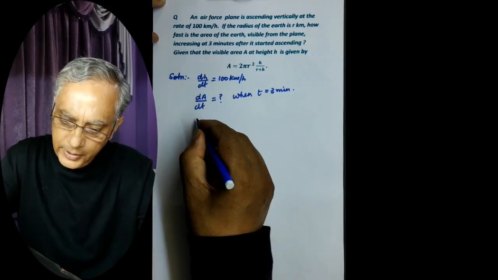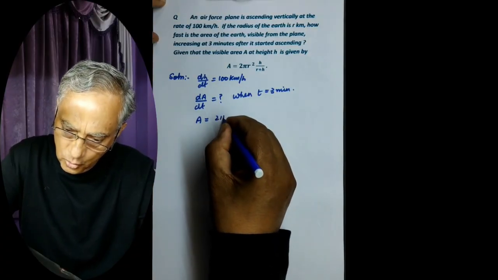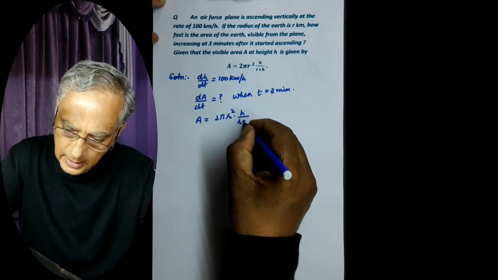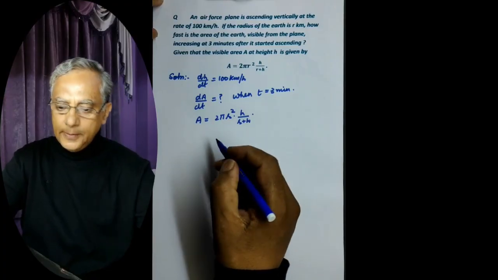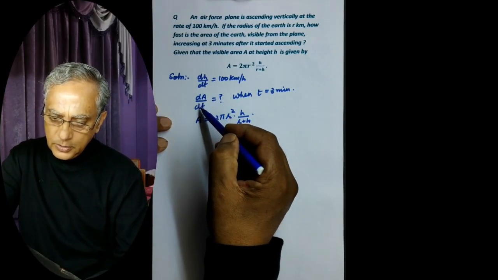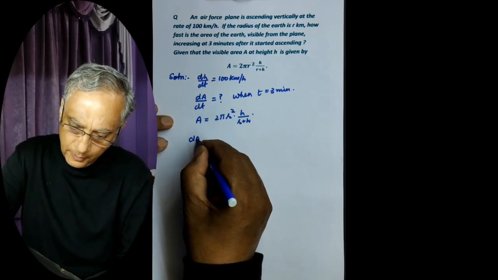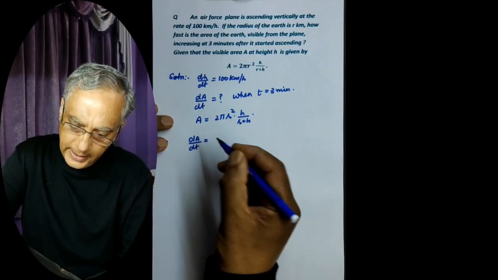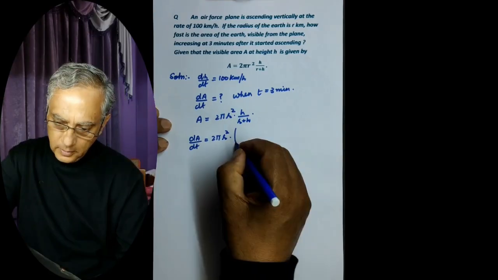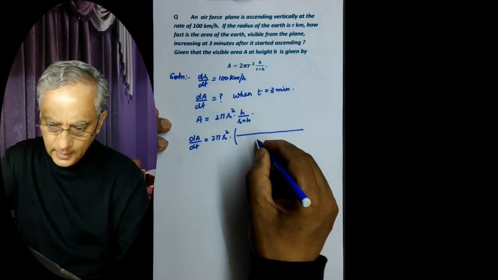Given that the visible area A at height h is given by 2 pi r square into h over r plus h. Now we are given A and dh by dt, and we have to find dA by dt. So from this equation, dA by dt is equal to 2 pi r square into, here we will use the quotient rule.